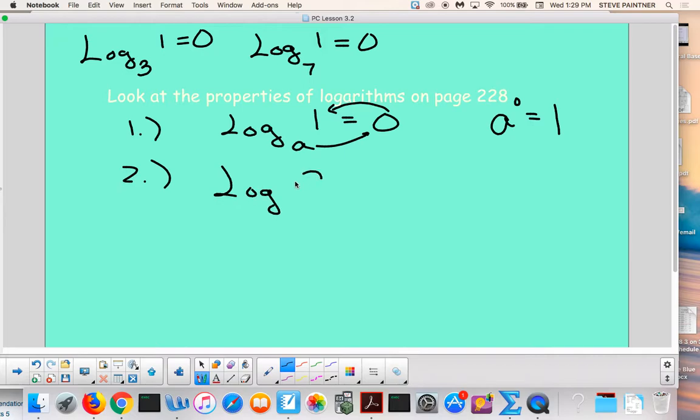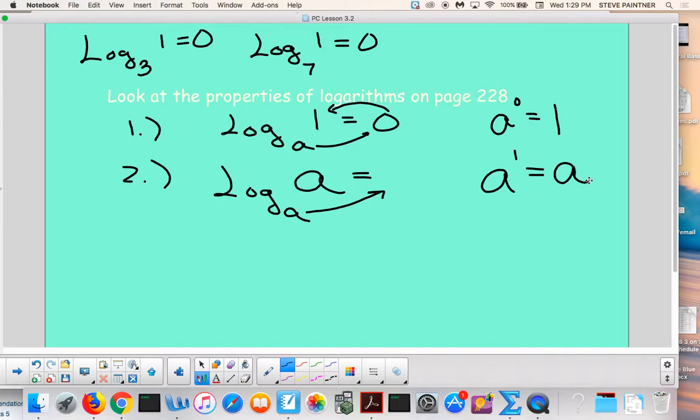Log of A base A. What's the answer? Zach says 1. You think it is? A to the what? A to the first is A. Is that true? Yeah. Okay.